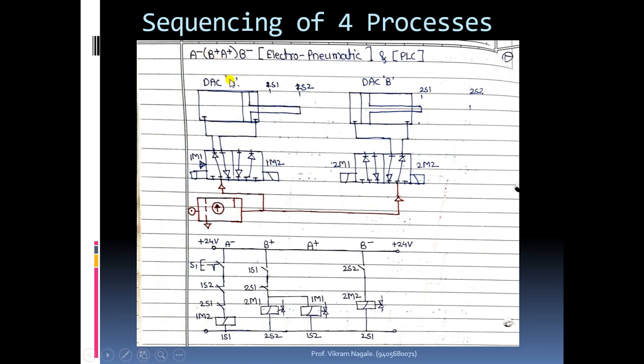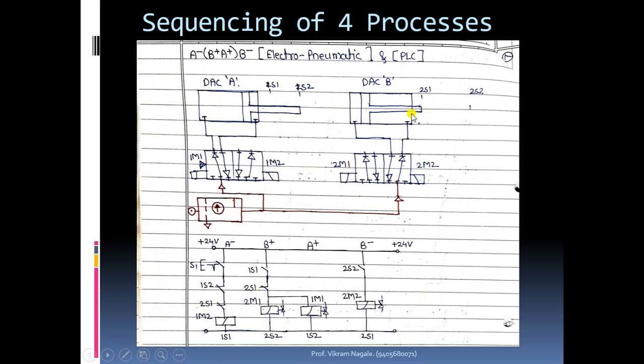So here you can see, two processes are considered together, so the supply is divided to 2m1 and 1m1. Together with this 1s1 we are thinking about what is the condition or status of cylinder B. What is the status of cylinder B? It's initially retracted, so we are utilizing feedback from the position where the rod end is. The rod end is at the 2s1 position, so we are taking feedback from 2s1.